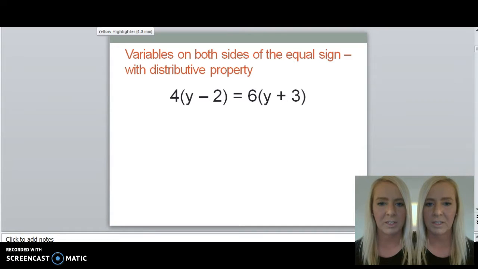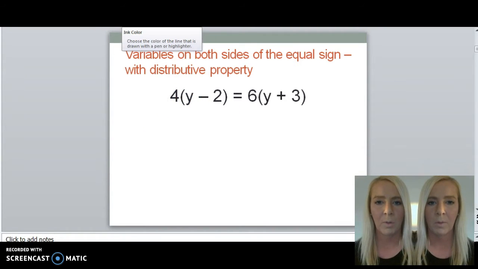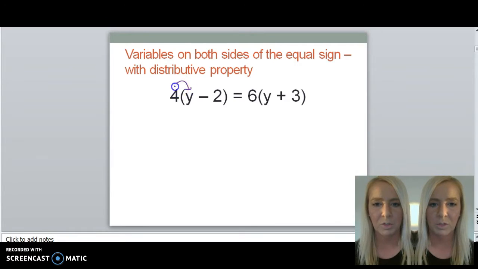Now this looks a little crazy to you, but we're going to break it down by all of our multi-step equation concepts. So again, on both sides, I'm going to apply distributive property first.